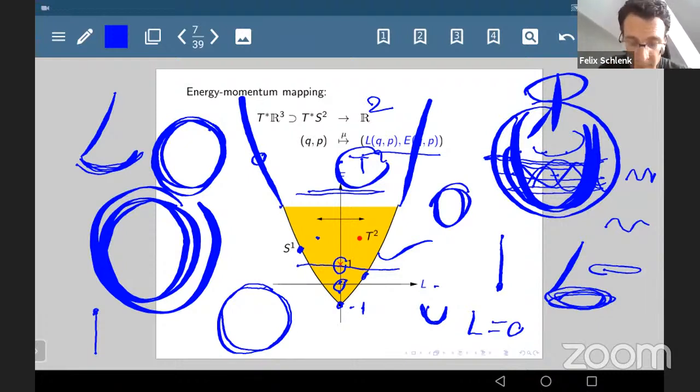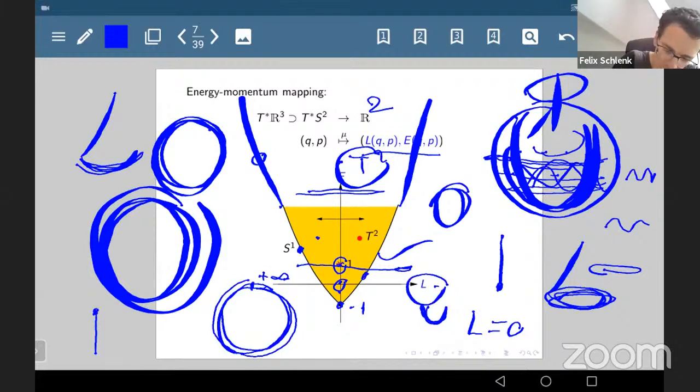It's these somewhat theoretical motions. It's those that start up here at minus infinity and then in infinite time go around and at plus infinity come back. And all these are over this point because they have the same energy and they have 0 L. So these motions form the fiber over this point 1.